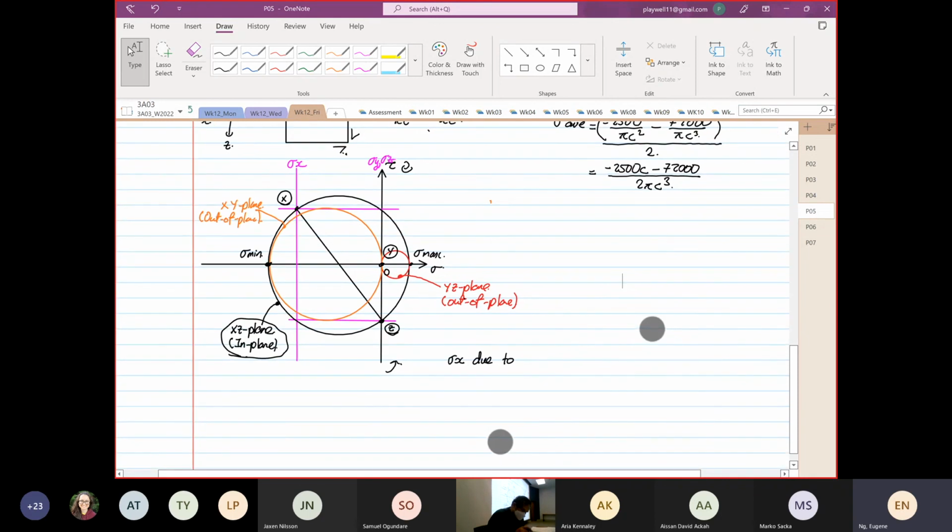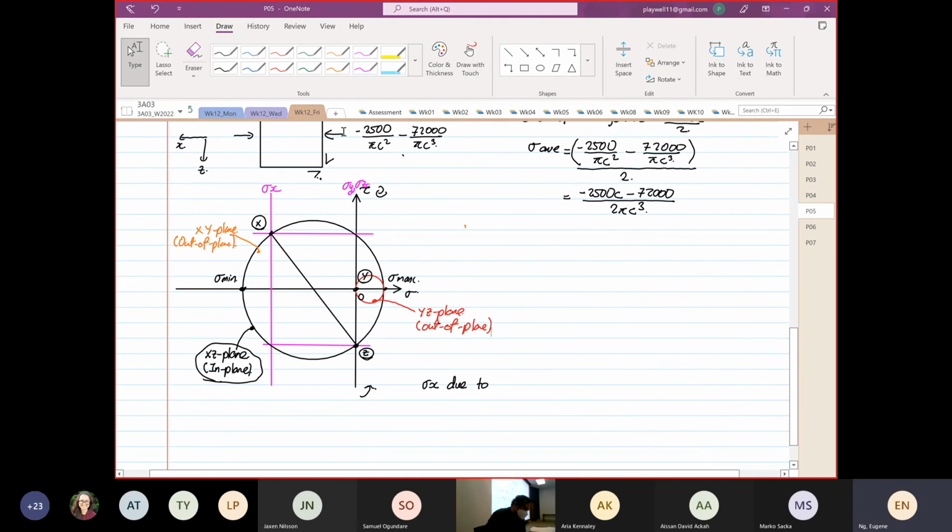Okay, so I'm going to get rid of this circle over here. It will be clearer. So we have identified our average stress.